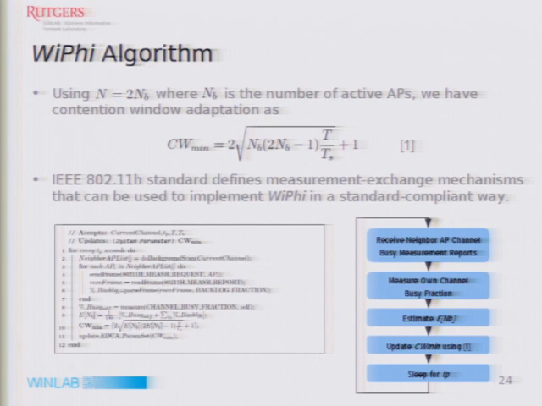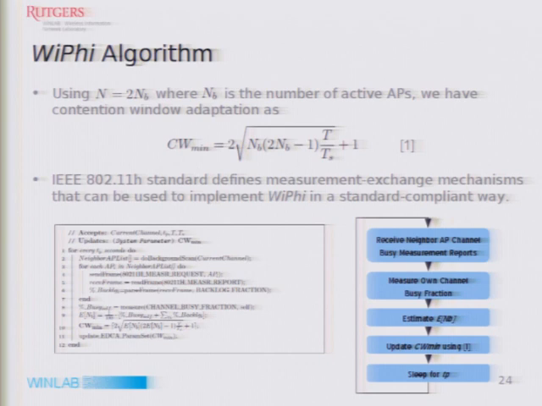The way we decided to turn this into a distributed algorithm was by exploiting 802.11h measurement reports, which are defined in the standard. You can see how much channel occupation you have, you broadcast it to your neighbors, and you can also read from your neighbors' neighbors in a standard-compliant way.